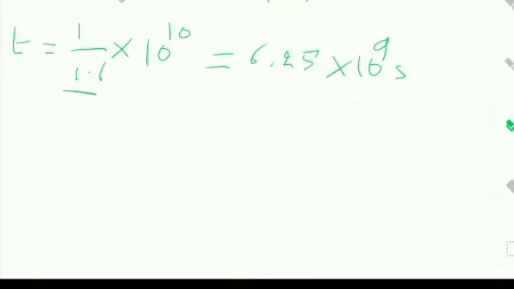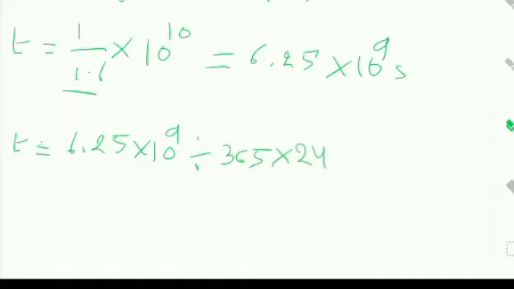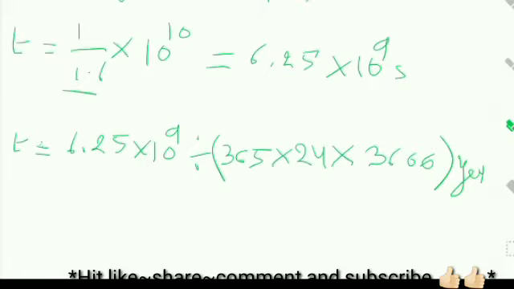10 to the power of 9 seconds. Then time equals 6.25 into 10 to the power of 9 divided by 365 into 24 hours into 3600 seconds, which gives years.